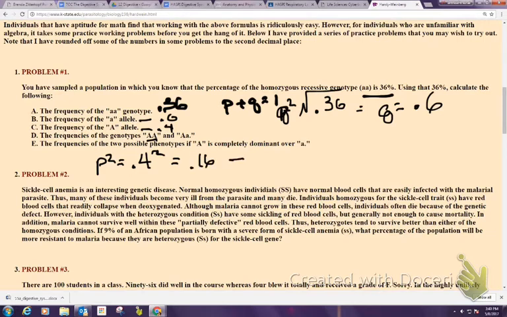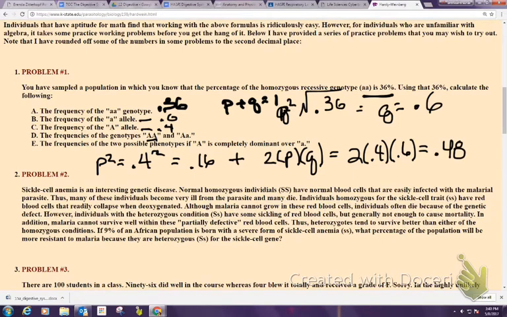And then I want to add that to my 2PQ, which we determined was 2 times 0.4 times 0.6, which is 0.48. So we would add the 0.16 to the 0.48 to get this number here. How often do we have the dominant trait? It's completely dominant, so it's those two numbers together.